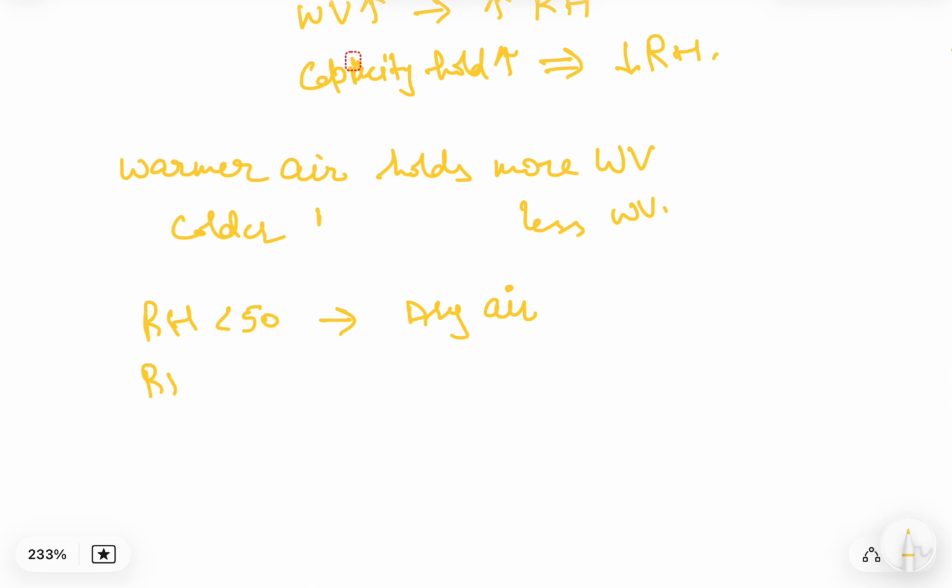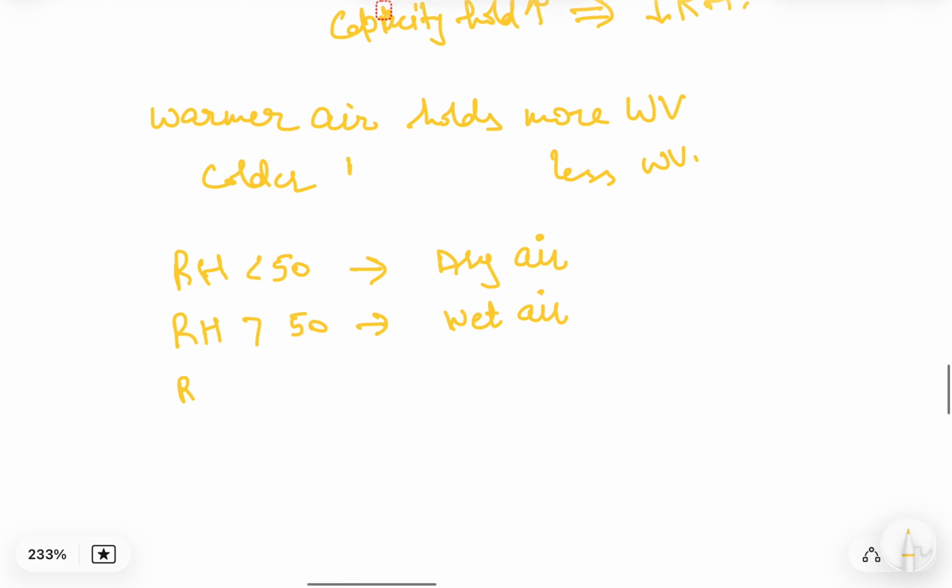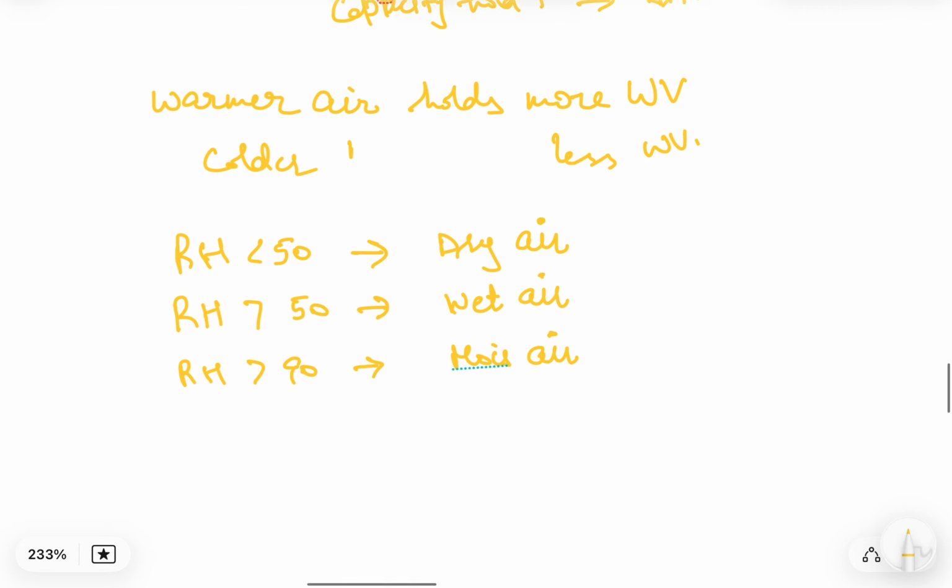And if the relative humidity is greater than 50%, then it will be wet air. And if the relative humidity is greater than 90%, then it will be moist air. This is the concept of relative humidity.